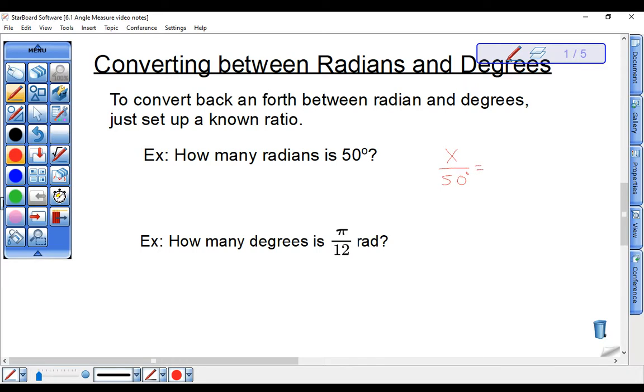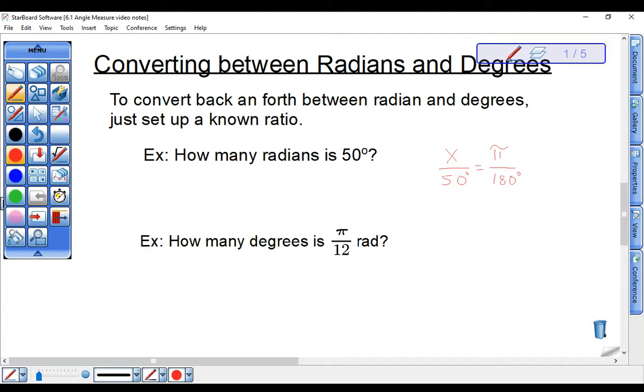If we want to know x radians is the same as 50 degrees, then we can set up some other known ratio. I know that pi radians gets me halfway around the circle, and halfway around the circle in degrees is 180 degrees. So x radians over 50 degrees has to be that same consistent ratio of pi radians over 180 degrees.